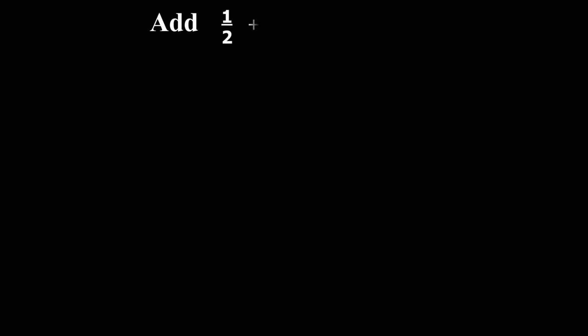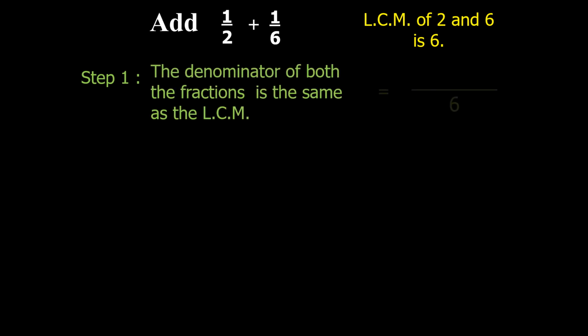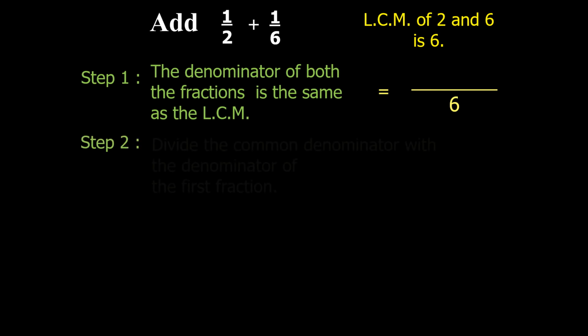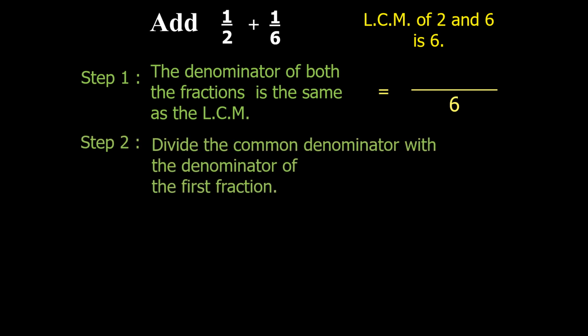And 1 by 2 plus 1 by 6. LCM of 2 and 6 is 6. So step 1 is we should change the denominator to the same as the LCM, isn't it? So LCM is 6. To change that, we divide 6 by 2, we get 3, isn't it? So we should multiply the numerator and denominator by 3 to find the equivalent fraction for 1 by 2.